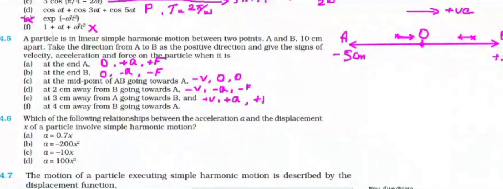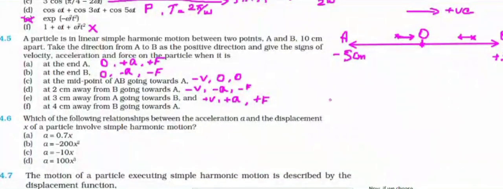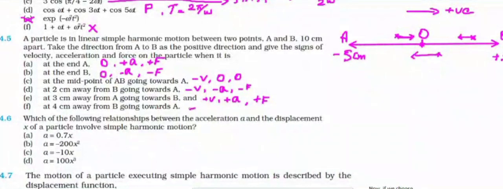As acceleration is positive, force is also positive. Then next, 4 centimeter away from B and going towards A. There, just like in the previous case, all three quantities are negative.